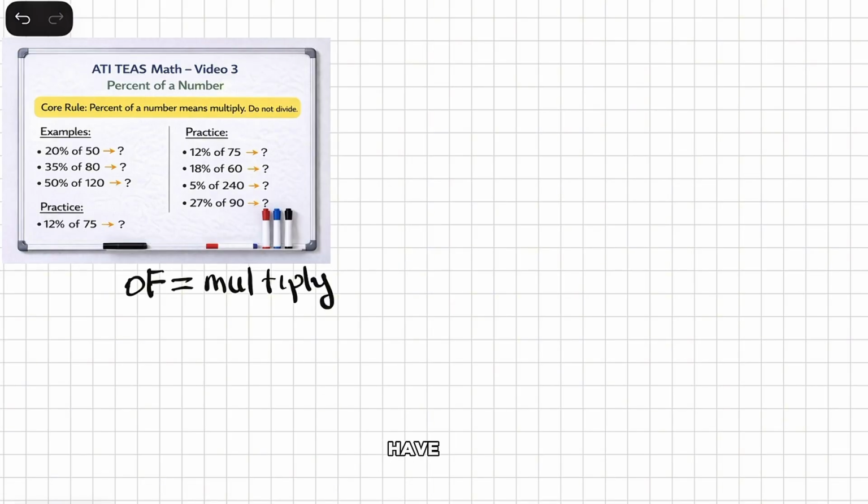Let's go ahead and look at the first example. The first example says, what is 20% of 50? So this is easy. This is just going to be 20. Remember, a percentage is a number divided by 100.